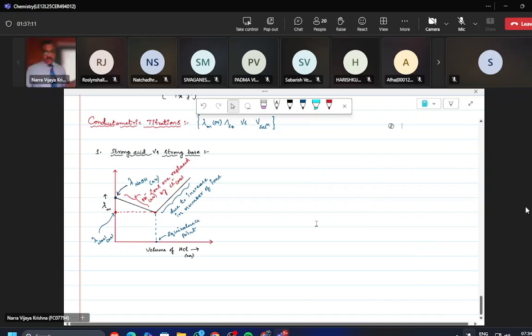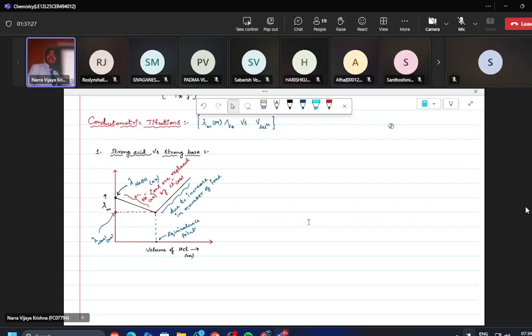Instead of NaOH versus HCl, if I take HCl here and NaOH here, then also the graph is the same. Then what will I write here? H+ ions are replaced by Na+ ions. That's why conductance is decreasing. After equivalence point, total conductance increases due to increase in total number of ions.